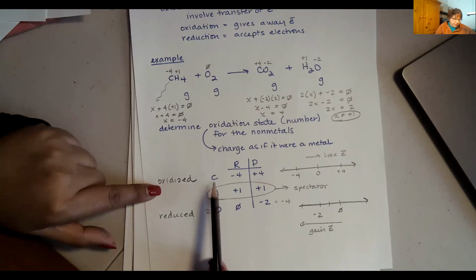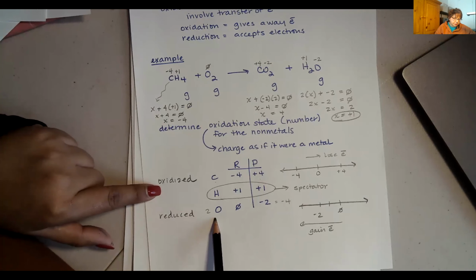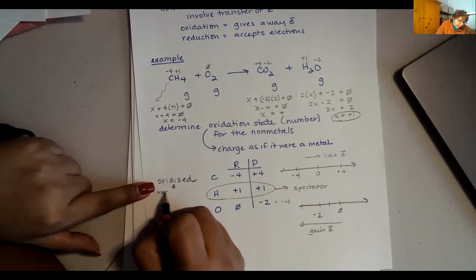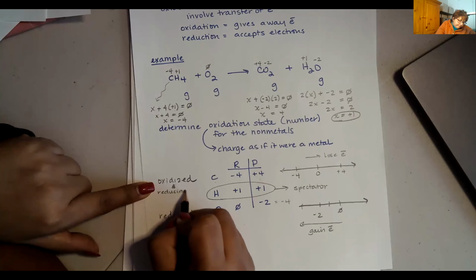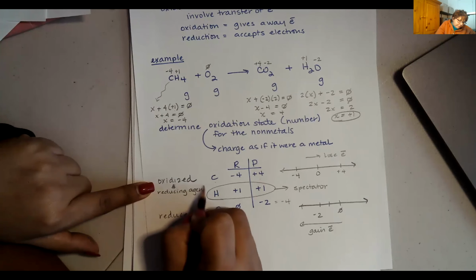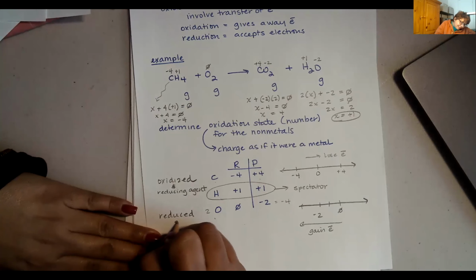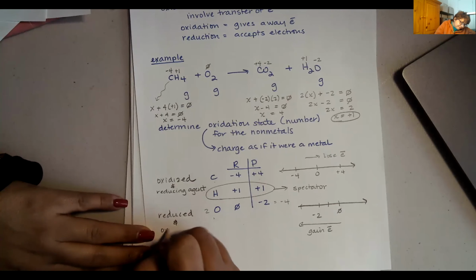Because carbon makes it possible for oxygen to be reduced, we call carbon the reducing agent. And because oxygen allows carbon to be oxidized, we call it the oxidizing agent.